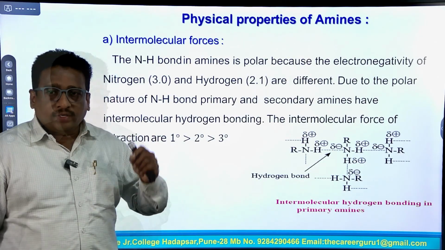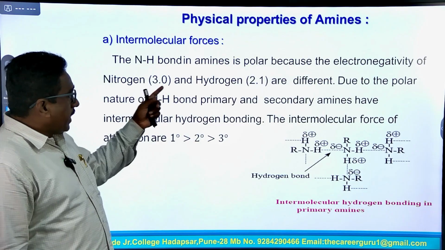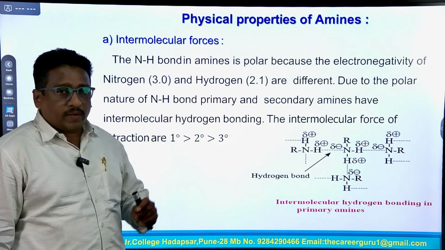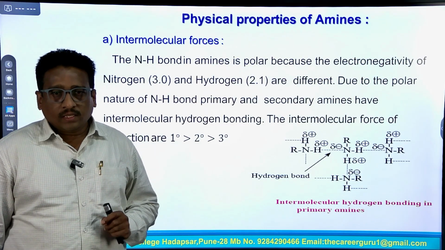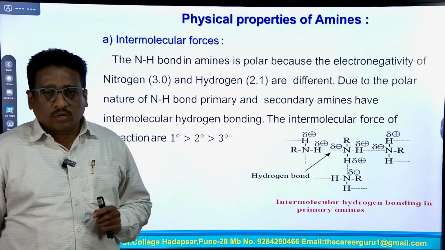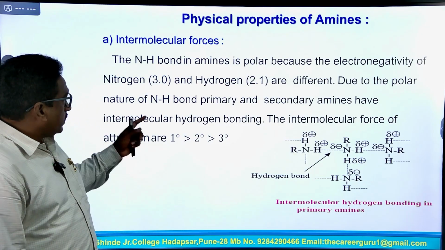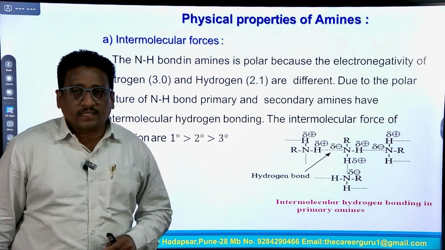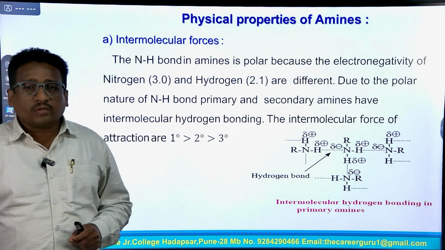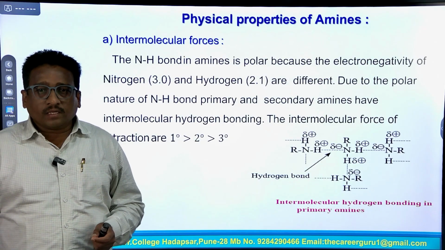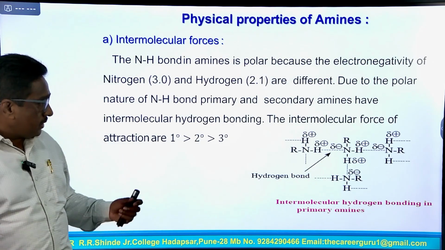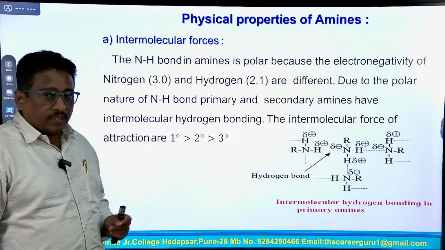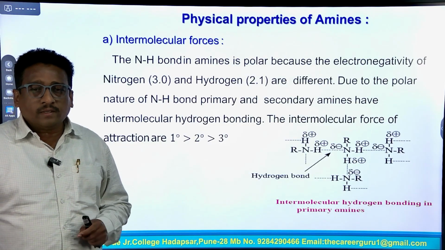The electronegativity of nitrogen is 3 and of hydrogen is 2.1. Hence they are polar bonds, and due to the polar nature of the NH bond, primary and secondary amines have intermolecular hydrogen bonding, and the intermolecular force of attraction is greater in primary amine than in secondary and tertiary amine.